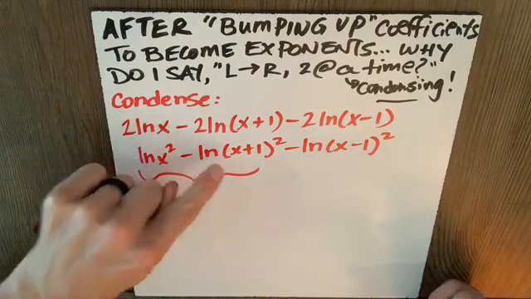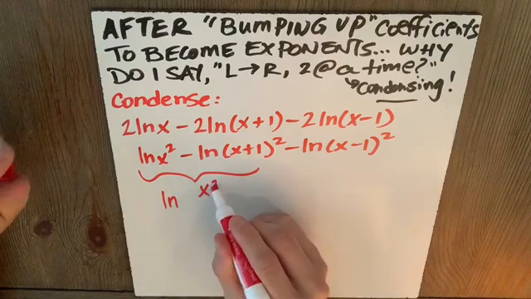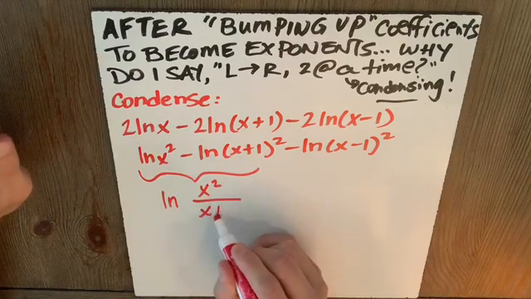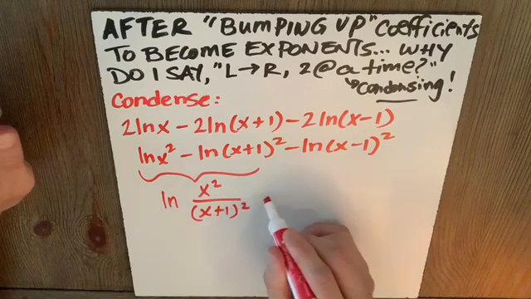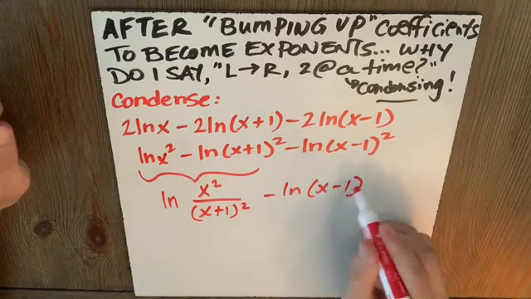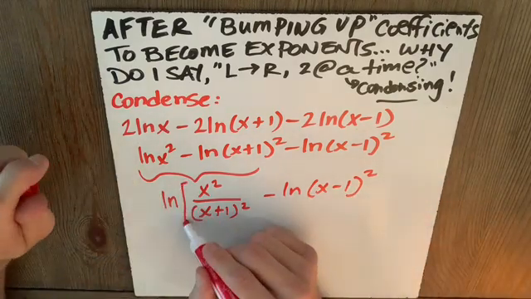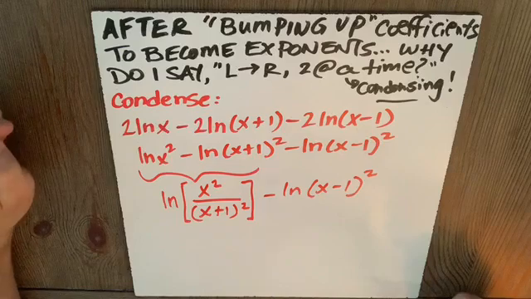I notice this is the quotient rule. So it's going to be natural log of the numerator over the denominator minus, this one comes along for the ride. I've got this. This is my argument here.